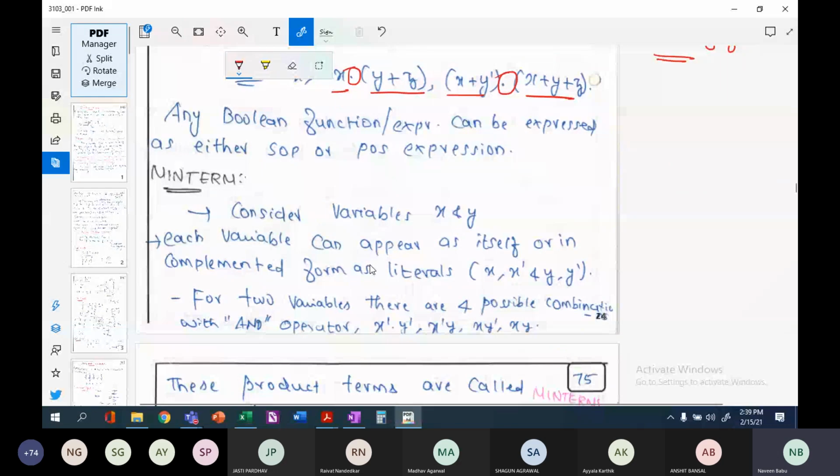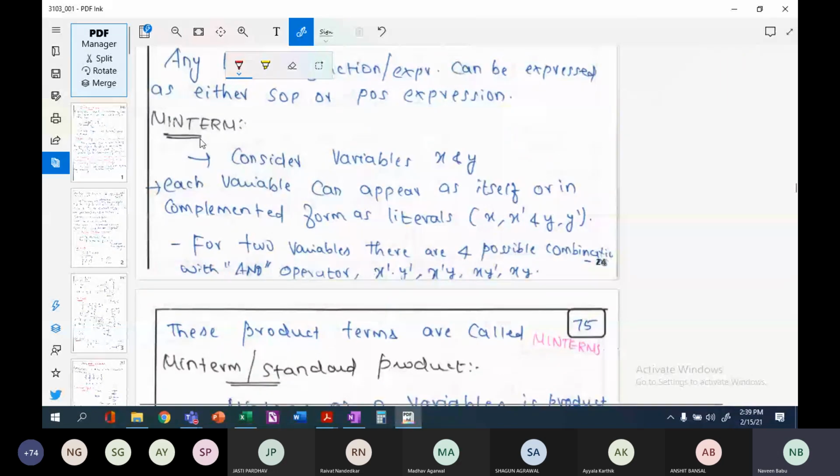Now let's define another term which is called a min term. Min term, the other name is minimum term. To understand min term, first you must understand literals. Let us assume that you have two variables x and y.